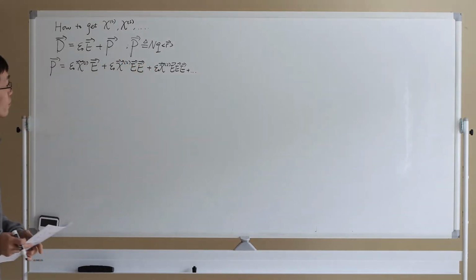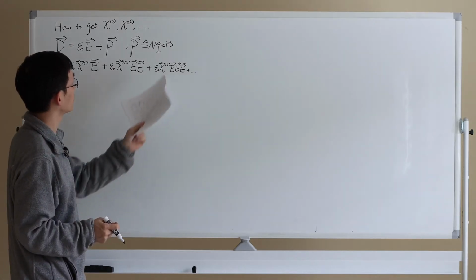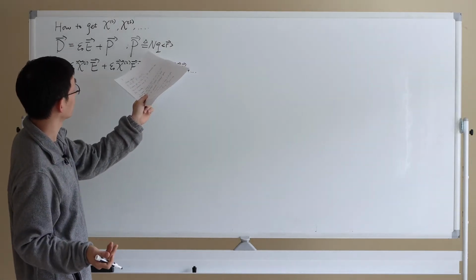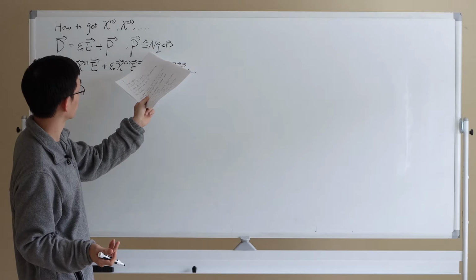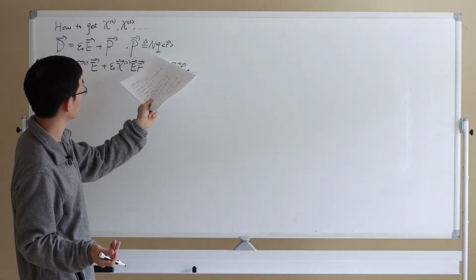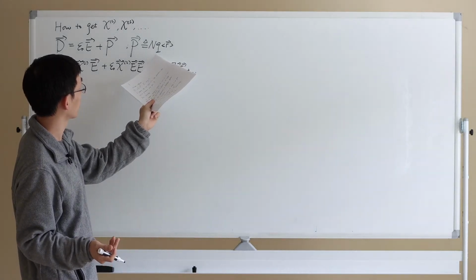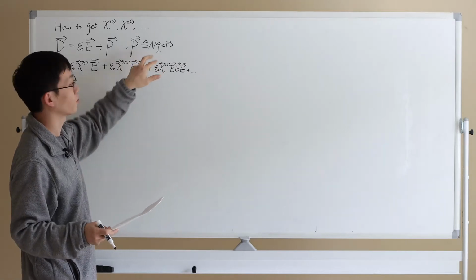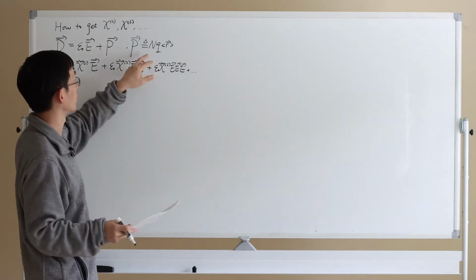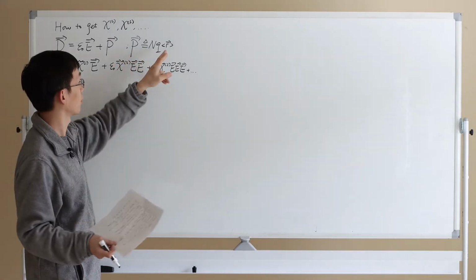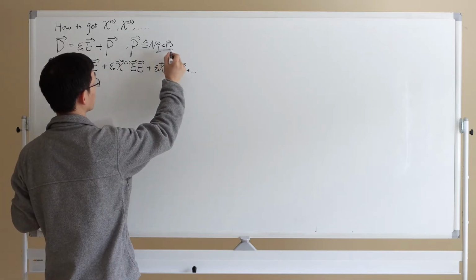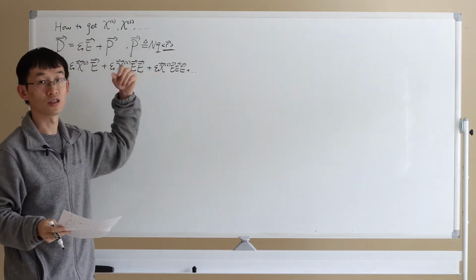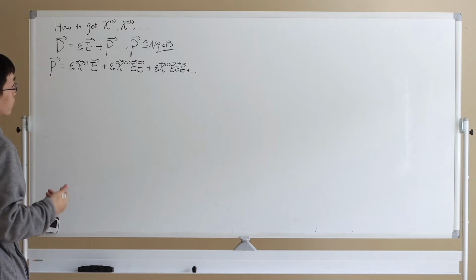Now let's look at the workflow for calculating these coefficients. The number density and the amount of charge of the electron are prefixed by your material, so you don't need to solve anything there. The only important thing is to solve the displacement in the presence of your electrical field.